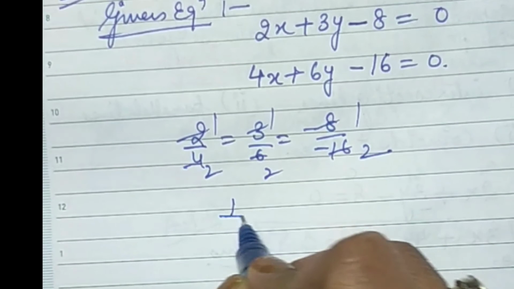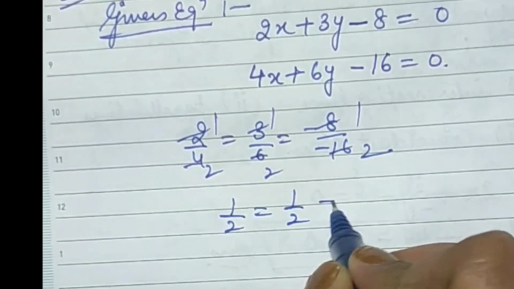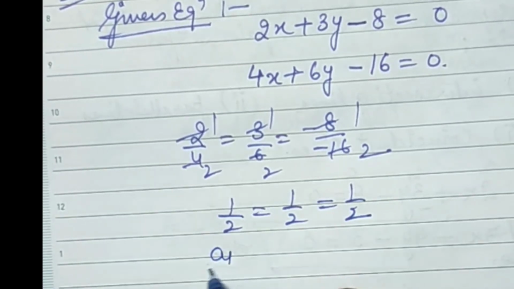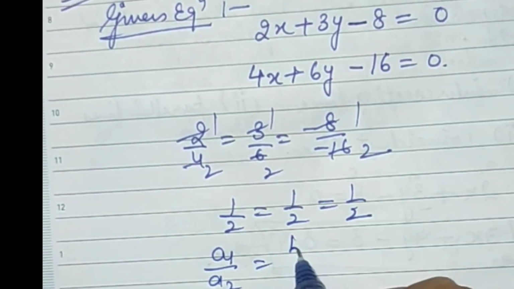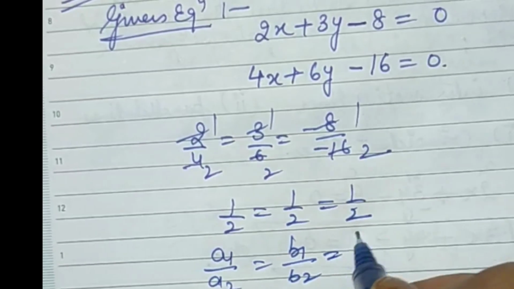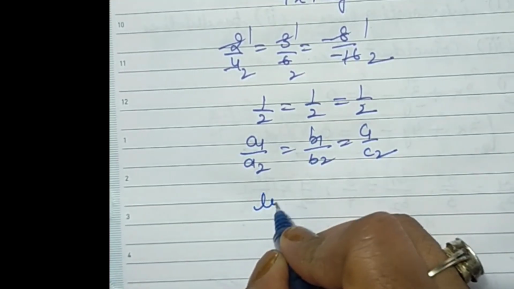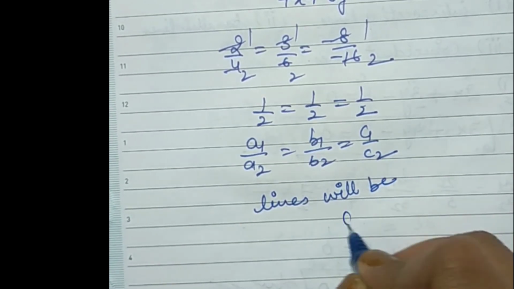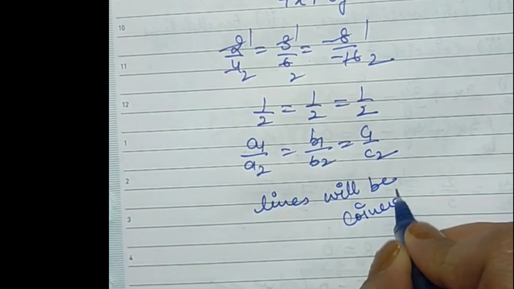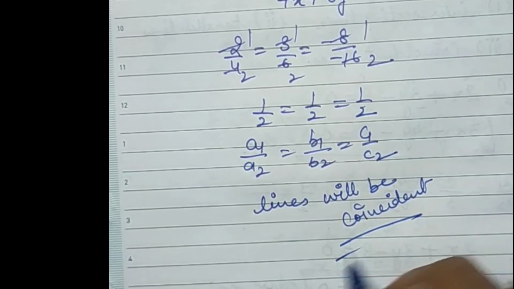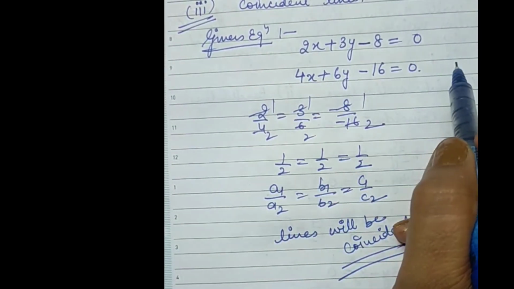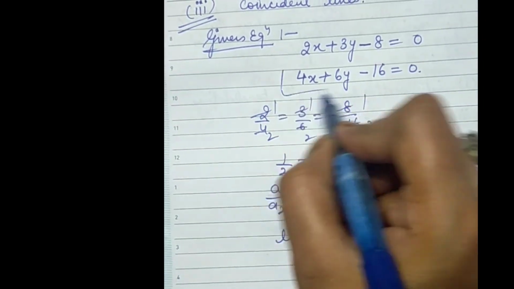When all the ratios are the same, that means the lines will coincide with each other. There will be infinitely many solutions. Lines will be coincident. So again, it may have millions of answers. You can choose any of your choice.